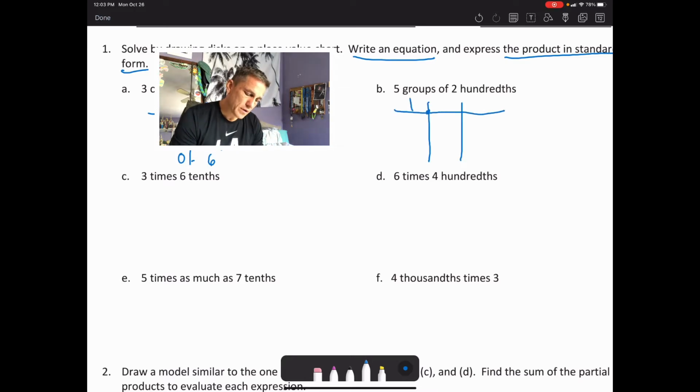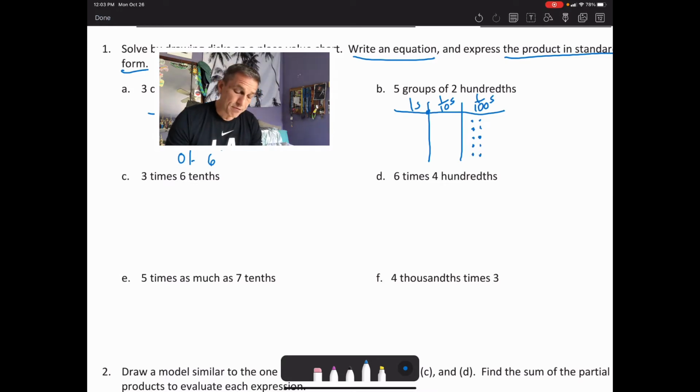And we got ones, tenths, hundredths. And it looks like we're having 5 groups of 2/100ths. So we're going to go 2/100ths once, 2/100ths twice, 2/100ths 3 times, 2/100ths 4 times, 2/100ths 5 times.